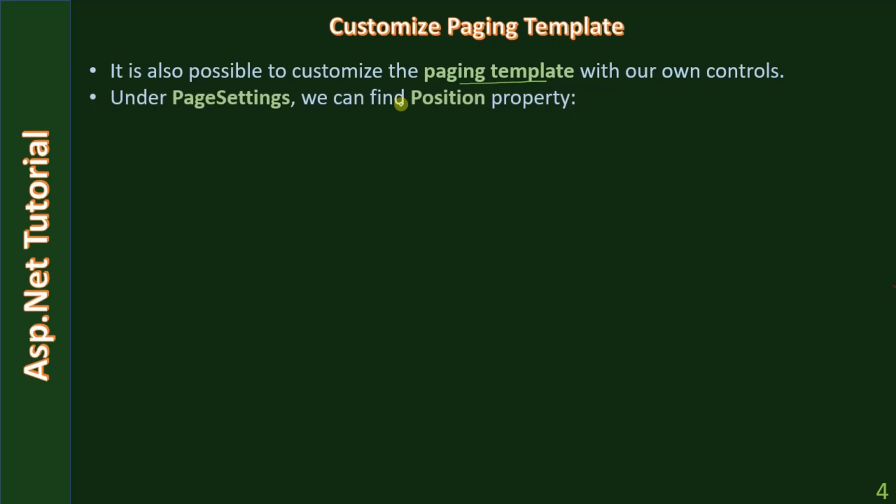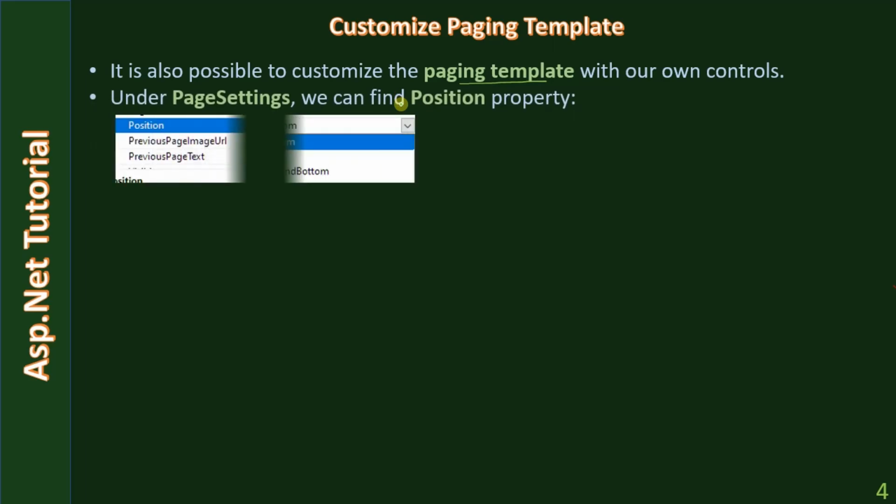Under pager settings, we can find a position property, and it contains these values: bottom, top, and top and bottom. This tells where we want to position the paging controls. So far we saw the paging controls displayed in the bottom.